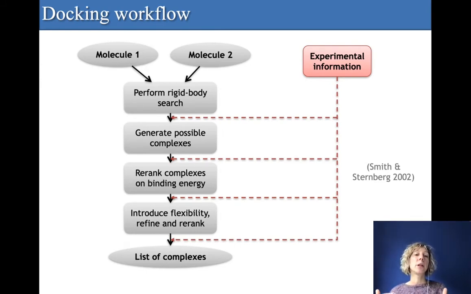You may introduce some flexibility, refine, and re-rank. So let's say you select a subset of candidates on which you apply conformational changes, flexibility, to refine and get the final answer. And you may include at any step some experimental information, for example, contacts that you know from cross-linking experiments.